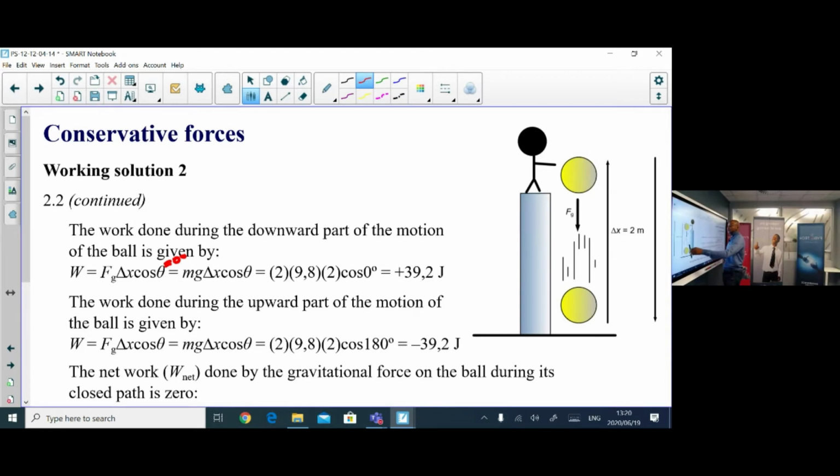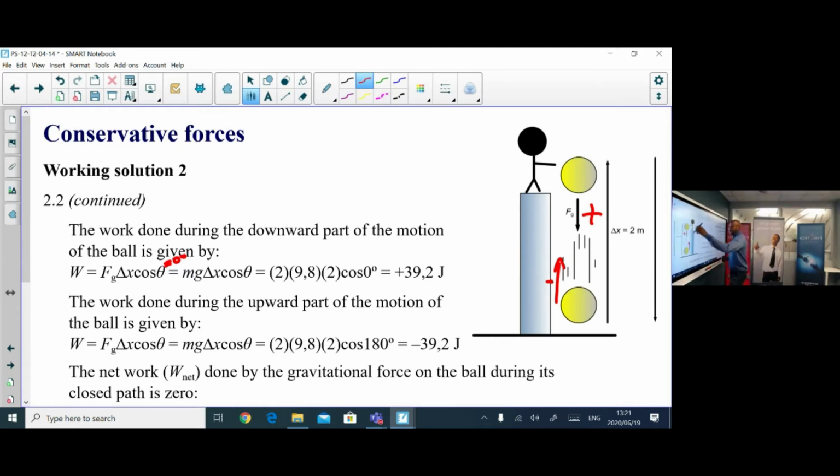We only have to choose which side is positive. If you are saying going down is positive, then going up is going to be negative. You have to choose, okay, going down there, we are saying it's positive. If it's positive, we're just going to use this formula where you are going to have a 0 degree.